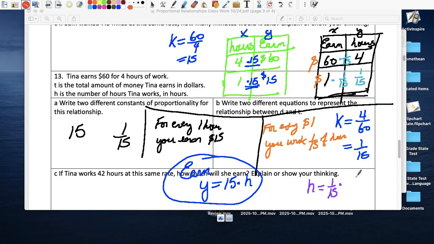And what do we use for money? Let's use M for money. So if you want to know how many hours you need to work, multiply the amount of money that you're going to take home times 1 over 15. So if you want to take, I don't know, 150 bucks home, how many hours do you need?